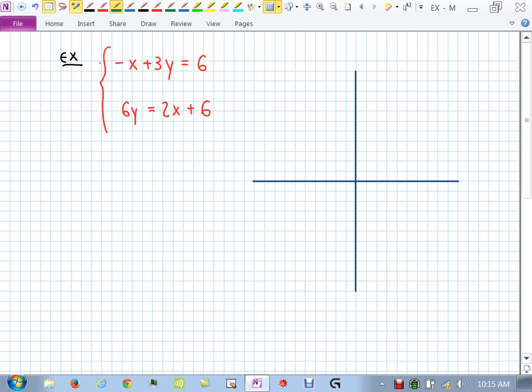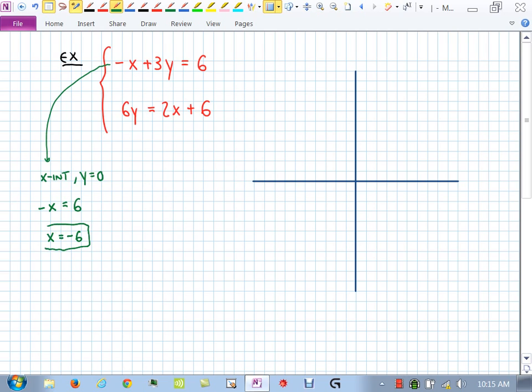Okay. So for this one, I'm going to use the intercept method. So I'm going to find the x-intercept. I set y to 0. When I do that, I get -x equals 6. I don't want -x, I want +x. So I multiply both sides by -1, which gives me x is -6.